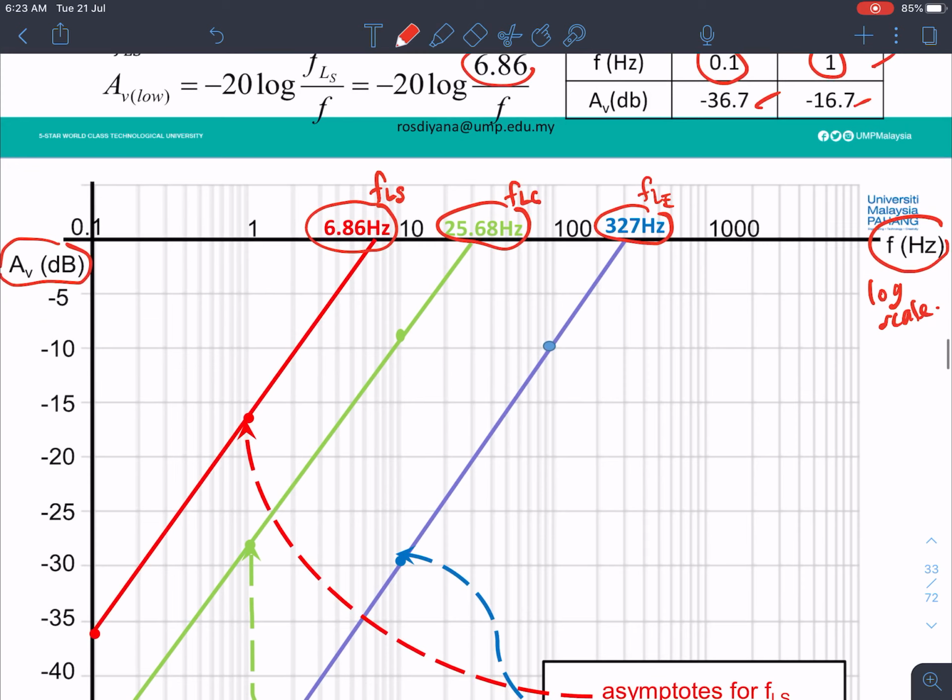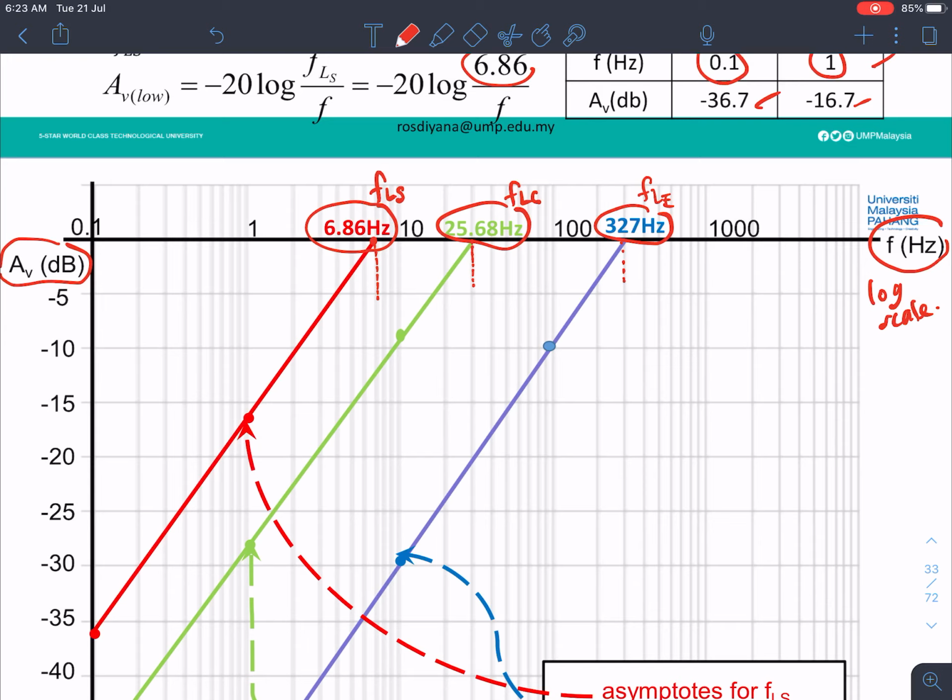So the actual value 6.86 is here, at this line, and 25.68 at this line, and 327 Hertz is this line.